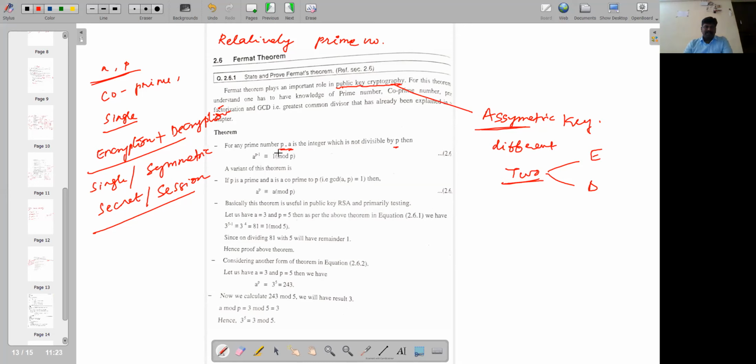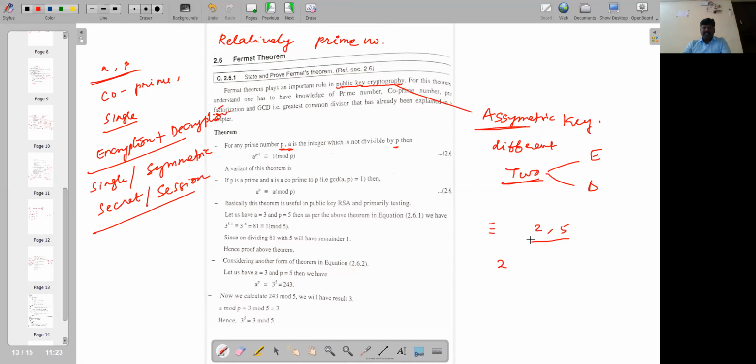If these two numbers are relatively prime or co-prime, then a power p minus 1 is congruent, this triple equal sign meaning congruence, similar to equals, to 1 mod p. Let me take a simple example for easy understanding: a is 2 and p is 5.